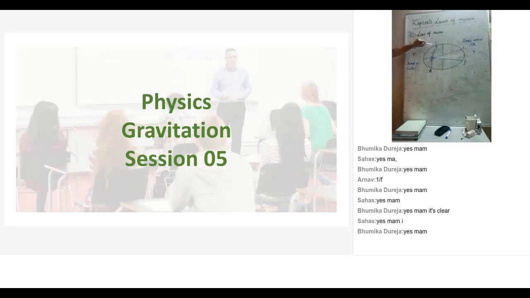The time taken by the planet to reach from A to B is equal to the time taken by the planet to go from D to C. Now, in this case, the area covered by this radius vector from A to B is equal to the area covered by radius vector when it moves from D to C, which means the areas covered in this time will be equal because it is taking equal time to cover these areas.